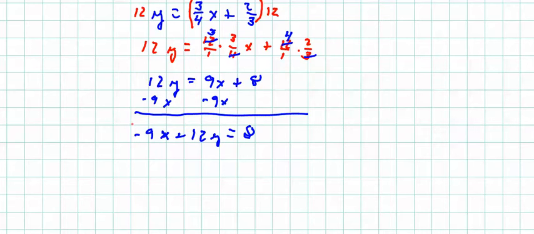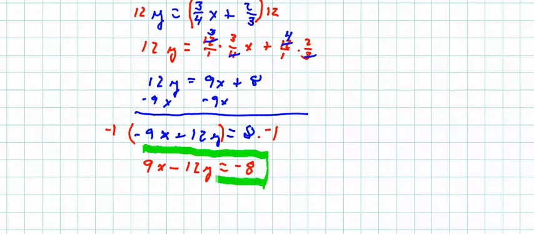I either multiply everything by -1 or I divide everything by -1. When I distribute this, negative times negative is positive, negative times positive is negative, and negative times positive is negative. I've now put this in standard form. All right.